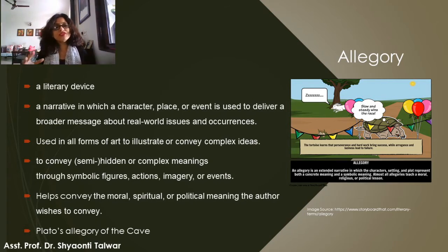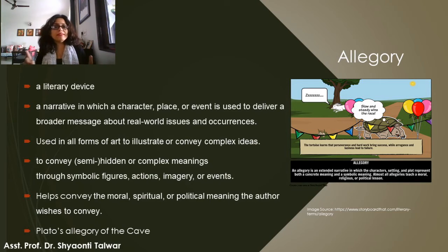A message about things that are happening out there in the real world, and occurrences and events or political upheavals, historic events that are happening out there, right? So it is a simple way to convey a complex idea and to also convey maybe partly hidden or partly concealed meanings.